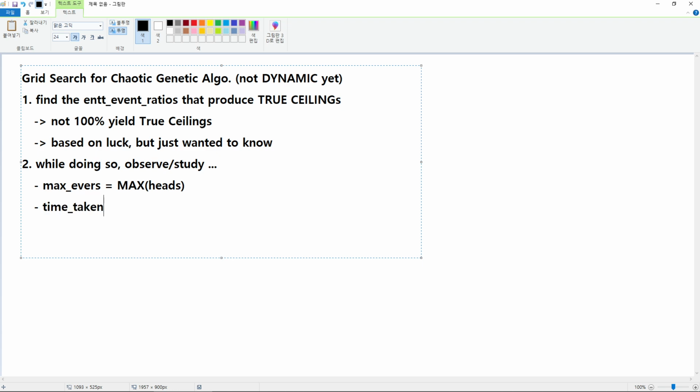I just call them time taken, so have a look at the time taken, because multiple plurals, I did more than once. And also, since I'm having a look at the time it takes for one iteration to finish, then why not also have a look at the number of data points.